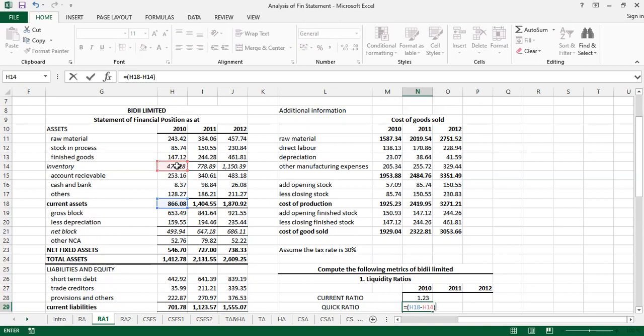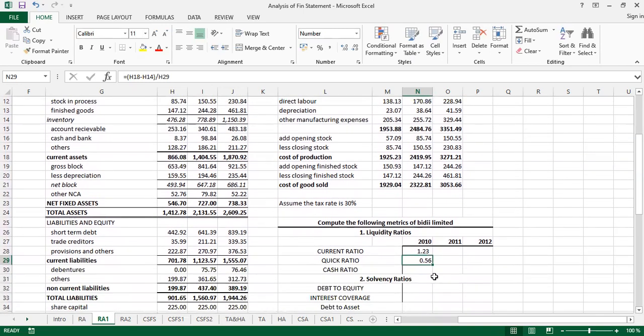Then we close our bracket, then divide by our current liabilities. This way, Control Enter. And I'll do 2 decimal places. Without our inventory, we can pay off our current liabilities at 0.5. This means we can only pay half of our liabilities, isn't it?